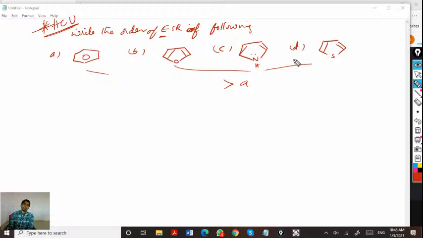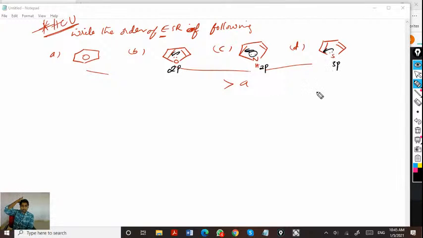So how are these aromatic? These are aromatic because they are going to donate the lone pair. They are going to move their lone pair. So this is having a 2p orbital, and this is having a 2p orbital. This is having a 3p orbital.